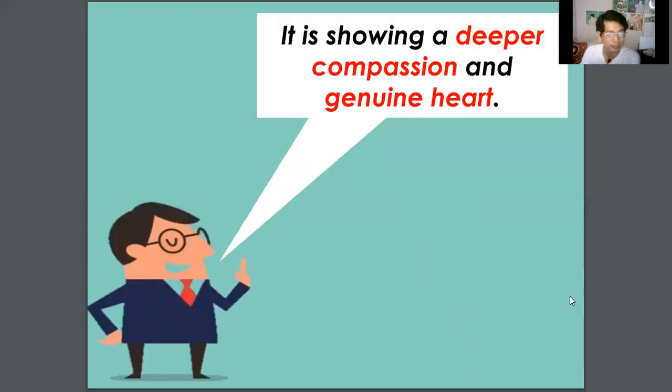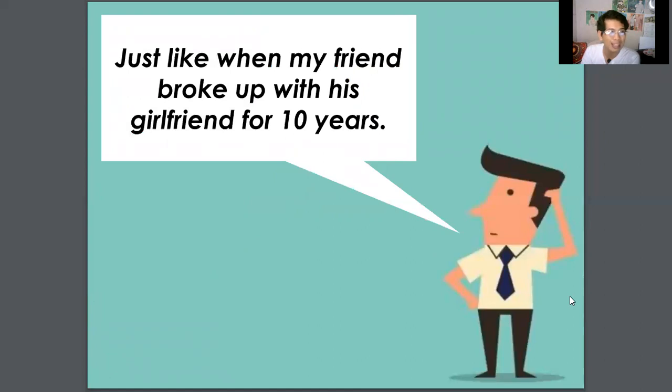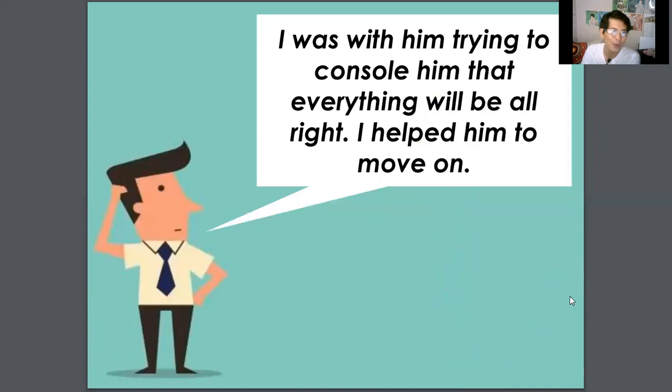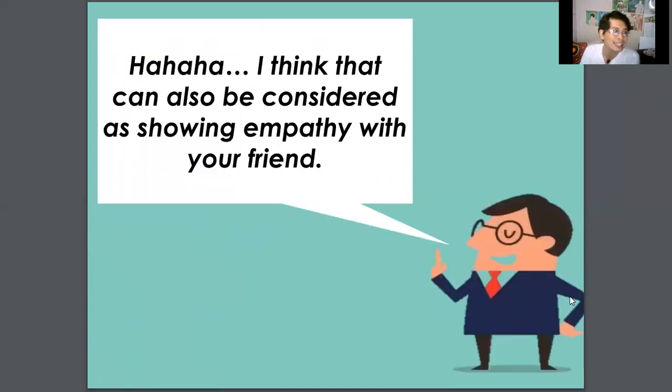But not only that, it is showing a deeper compassion and genuine heart because it's a lot deeper from sympathetic listening. Just like when my friend broke up with his girlfriend for 10 years, I was with him trying to console him that everything will be all right. I helped him to move on. I think that can also be considered as showing empathy with your friend, just like what this person is telling us.